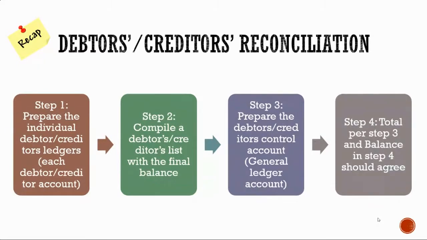And then the third step is we do the general ledger account or the T account. That is where I take the totals from your debtors control or your creditors control columns from the individual journals, which is your debtors journal, your debtors allowance journal, and your cash book receipts, or it can be the creditors journal, creditors allowance journal, and the cash book payments. And I document that information in my general ledger account.